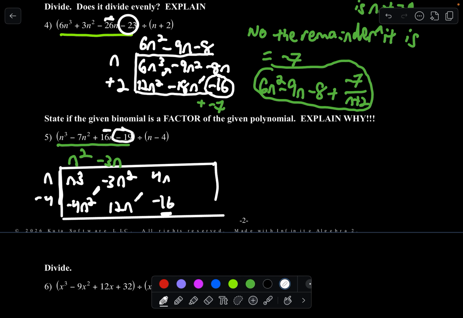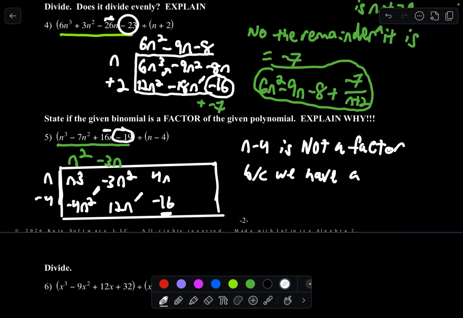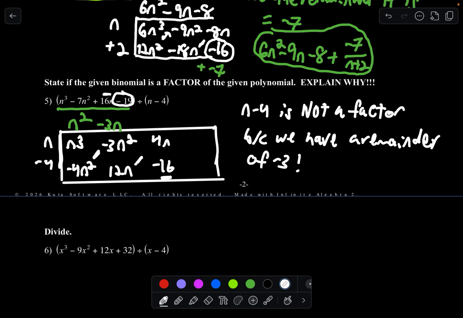So this too means that n minus 4 is not a factor, because we have a remainder. We have to figure out what to add to negative 16 to get to negative 19, which is negative 3. Okay? But that's all you have to do. It's not really that challenging.